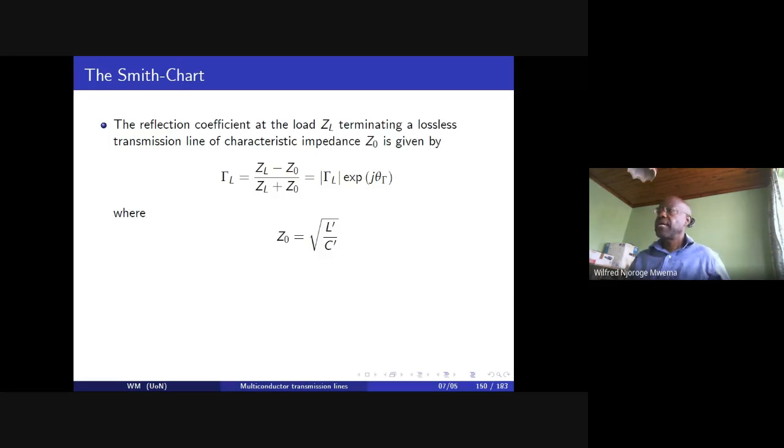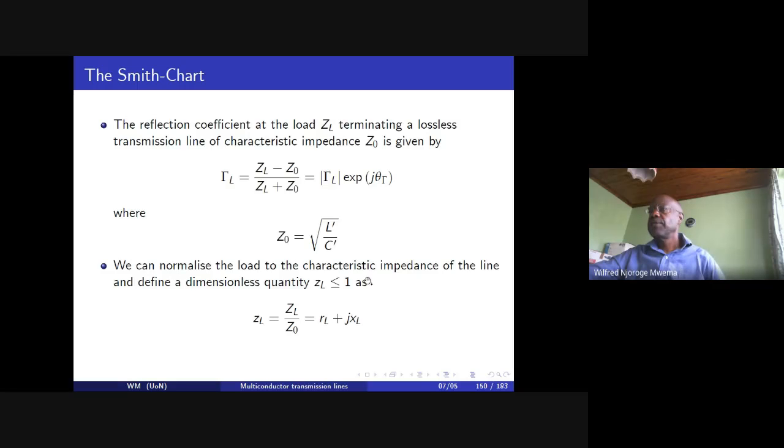So Z naught will be given as the square root of the inductance per unit length divided by the capacitance per unit length. So we can normalize the load to the characteristic impedance on the line and define a dimensionless quantity ZL. This ZL is now not a distance, but a normalized impedance, which will always be greater than or equal to 0.